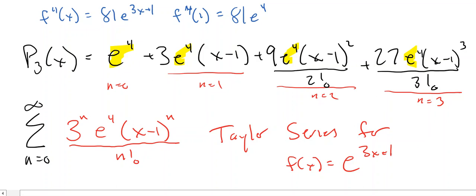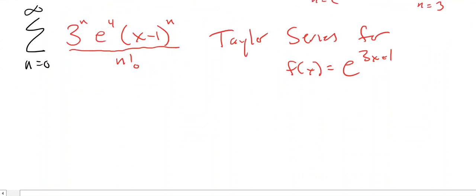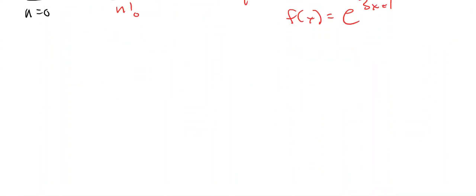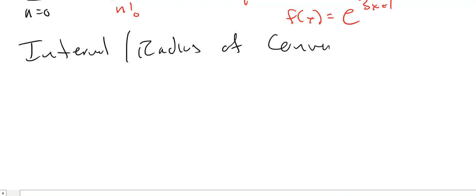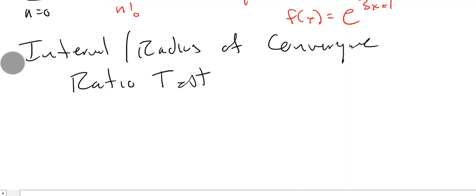All right, the next thing that we want to do is always to determine what the interval of convergence is. So the interval of convergence, and of course the radius of convergence, we use the ratio test. So to use the ratio test, we want to take the limit as n approaches infinity of the absolute value of a sub n plus 1 over a sub n.